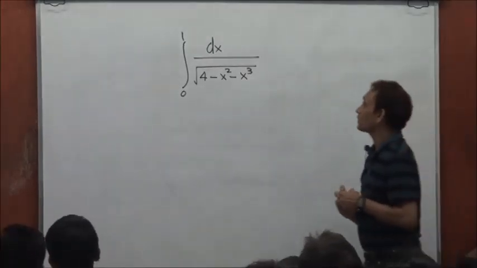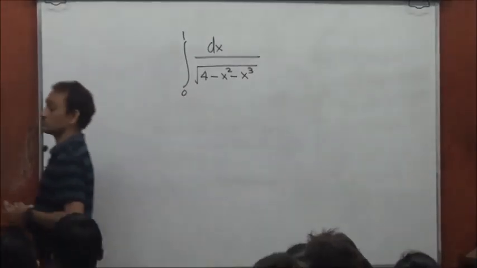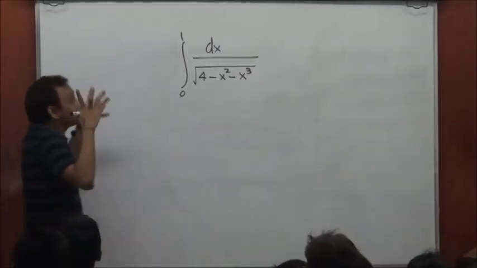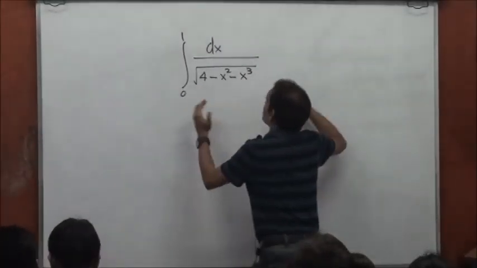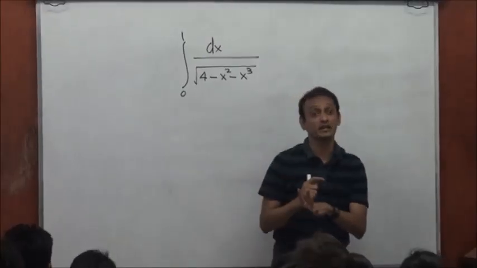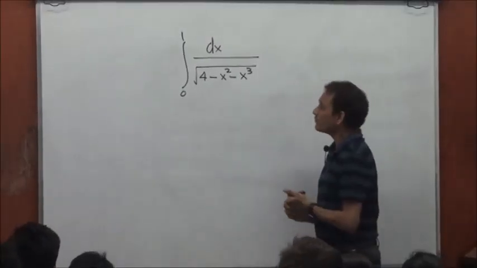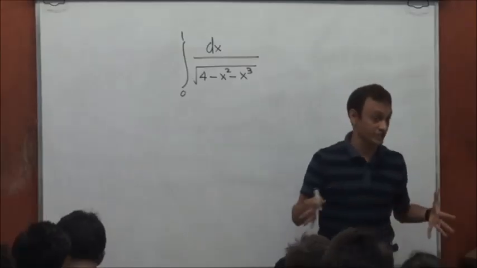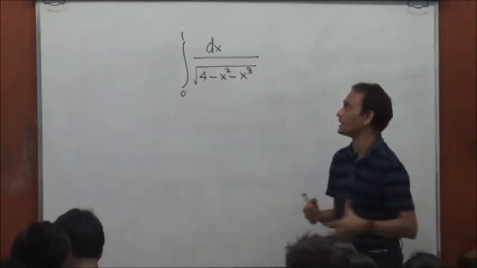Right? Can't integrate this function. We can't find a primitive to this function. We can't find this definite integral definitely. But then we can approximate it. We can find the range over which it lies.